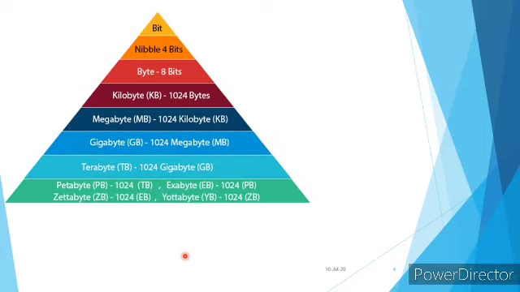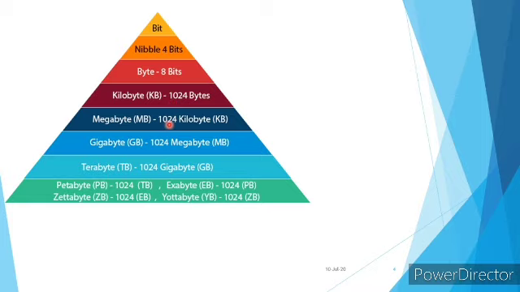Now let us get into more detail about this. I was talking about this pyramid. At the very top we have the bit, that is either 0 or 1, then the nibble, which is a combination of 4 bits, then the byte, which is 8 bits, and then this goes on increasing. Now you can see 1 KB, so this is 1 KB.